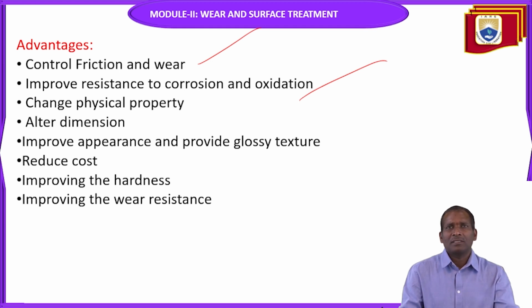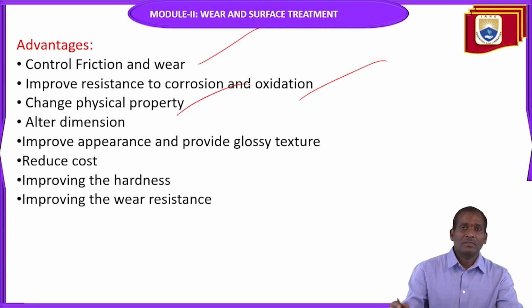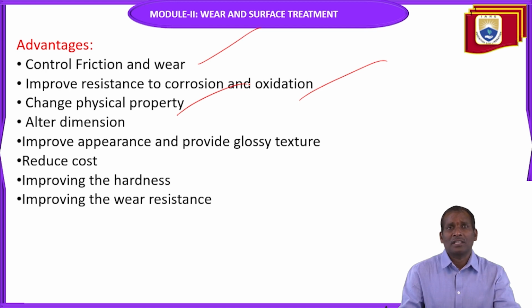To avoid this, you can apply some coatings and treatments. Change physical properties: the physical properties also you can change by using this treatment. Alter dimensions: you can increase the thickness of the product by applying these coatings.